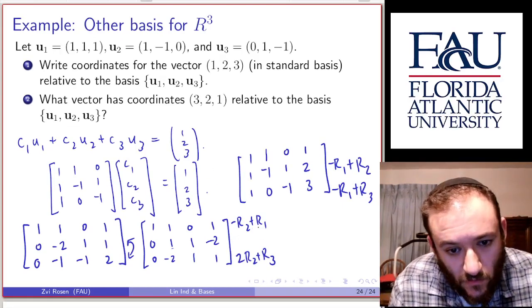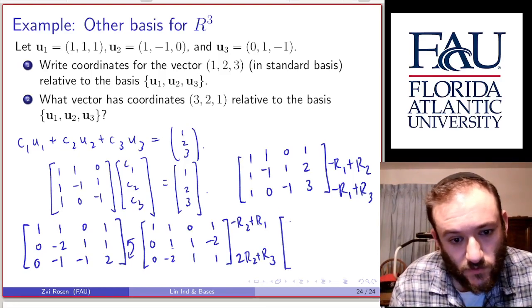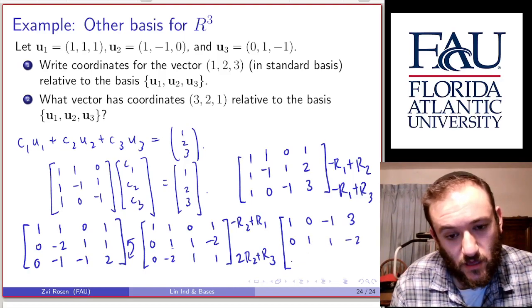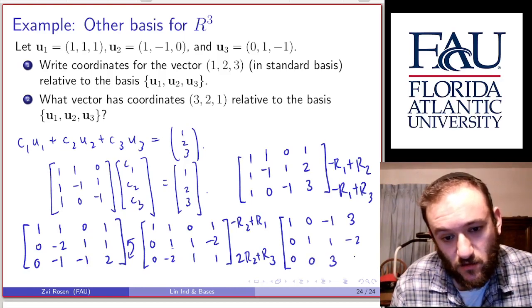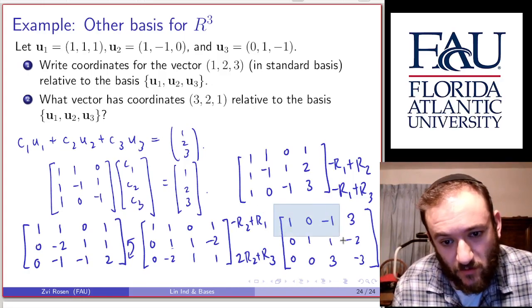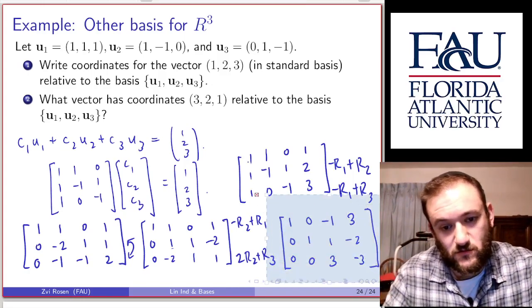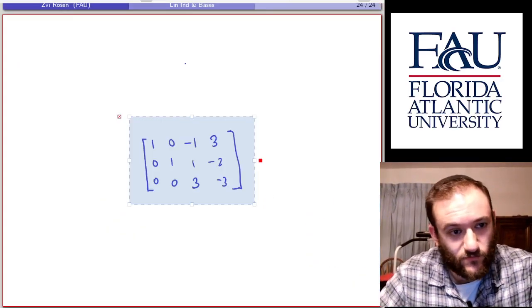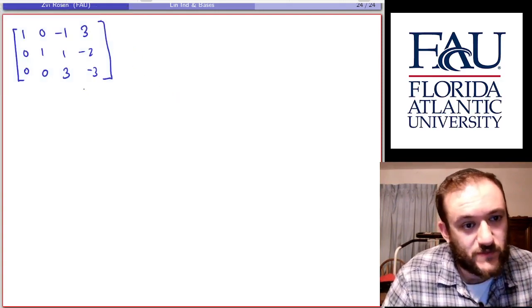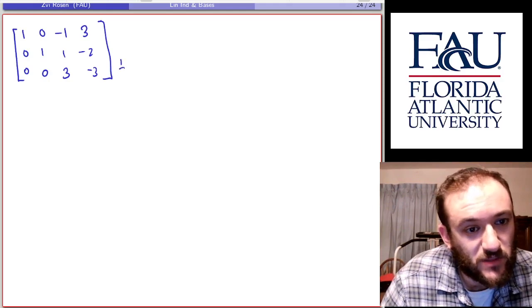Okay, and we get 1, 0, -1, 3; 0, 1, 1, -2; and 0, 0, 3, -3. Now let's grab that matrix to the next page. We want to simplify further, so let's multiply this by a third.